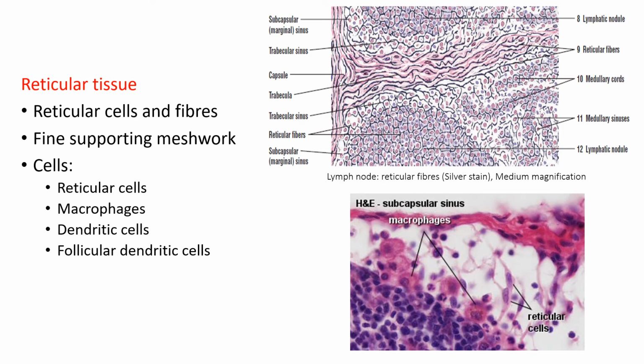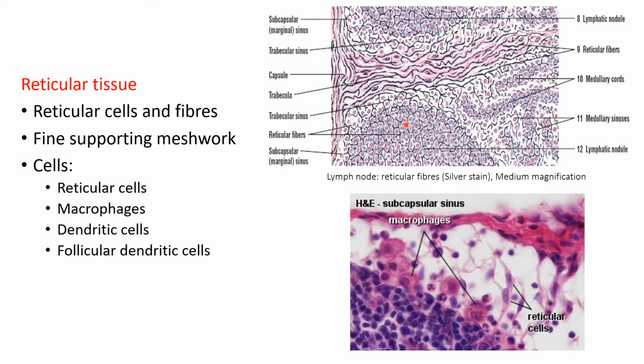Now, the reticular tissue framework, which is seen in the parenchyma of the lymph node. This is a view of the lymph node at high magnification in silver stain, and here you can appreciate the fine network of the reticular fibers, which are the supporting framework for the lymphocytes and the other cells within the parenchyma of the lymph node.